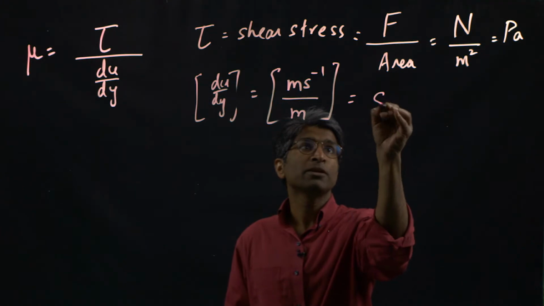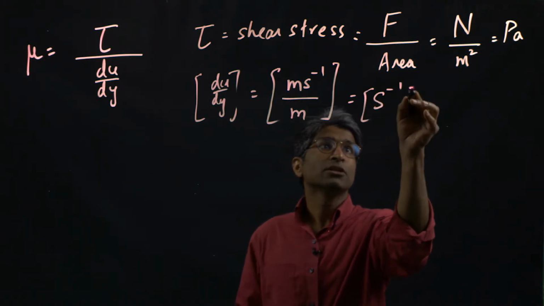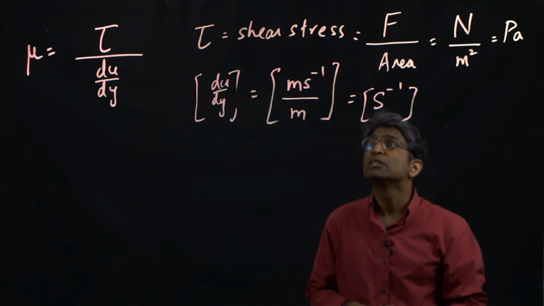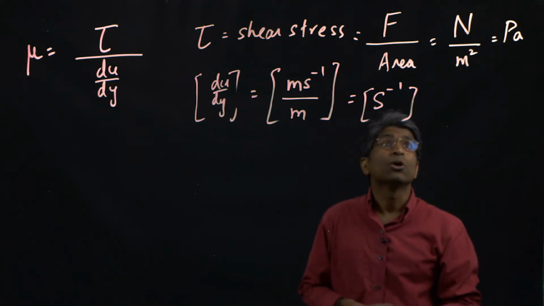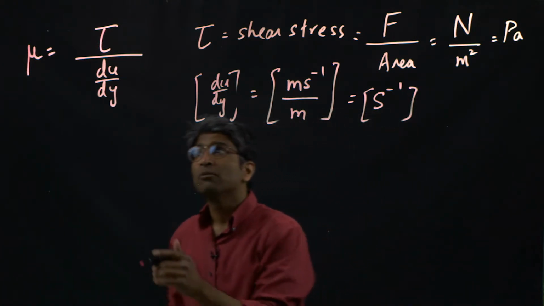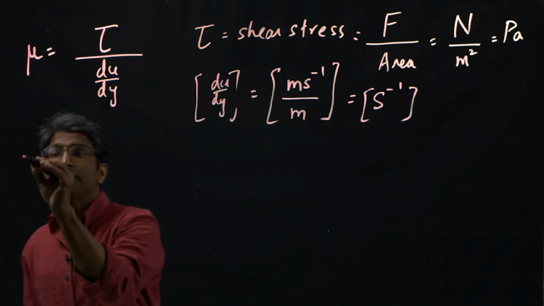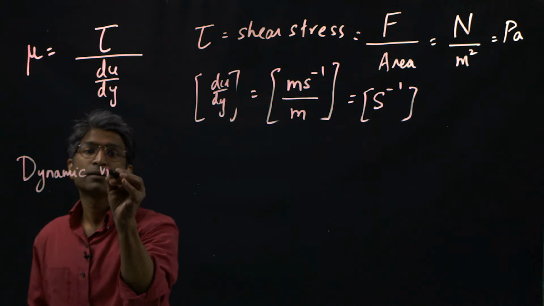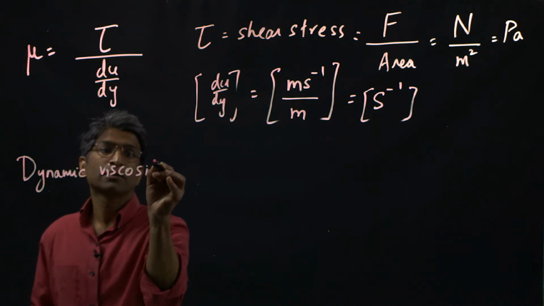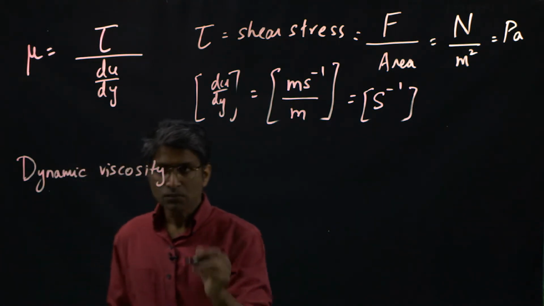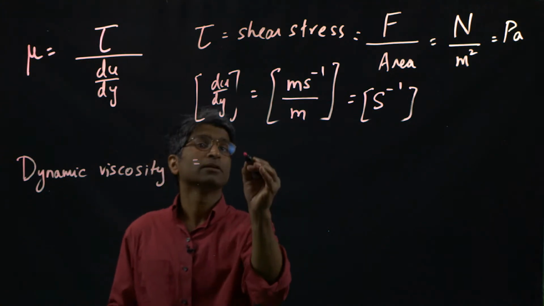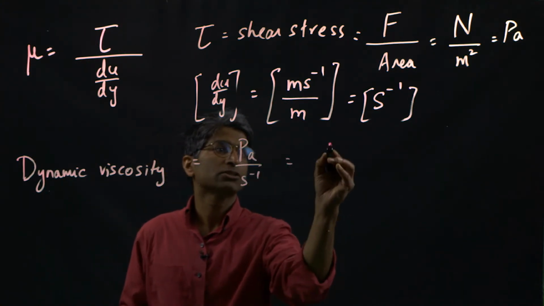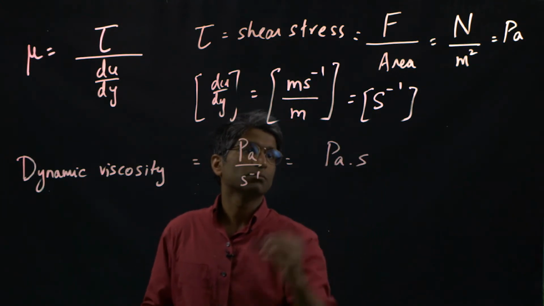So the denominator has a dimension of second inverse. So my dimension of viscosity, dynamic viscosity, has a unit of Pascal over second inverse, Pascal second.